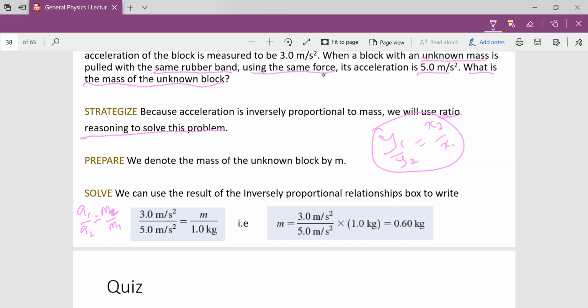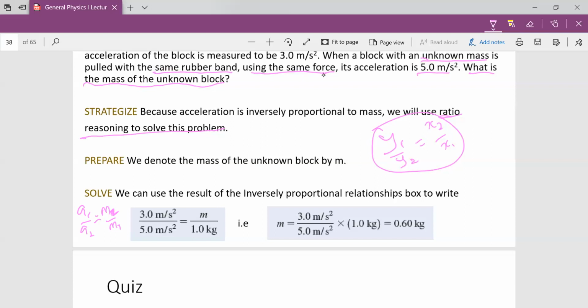We have M1, and M2 is the parameter we're looking for, so we make it the subject of the formula to get the final answer. We see that the final answer gave us a mass that is less than the first mass, which agrees with the inverse proportionality ratio.